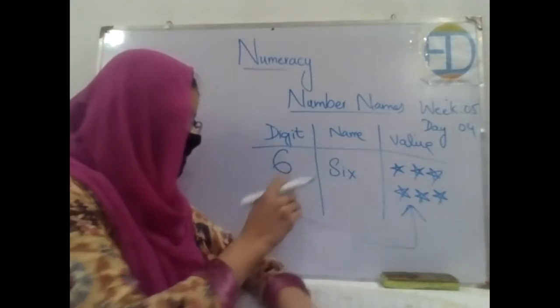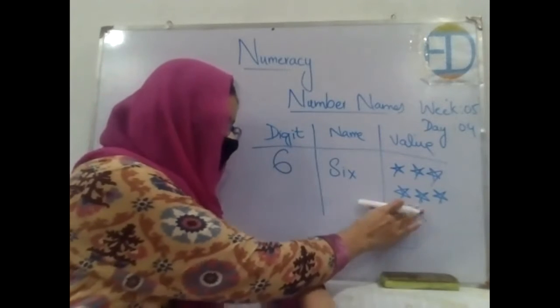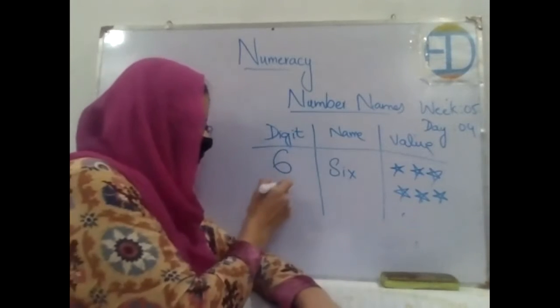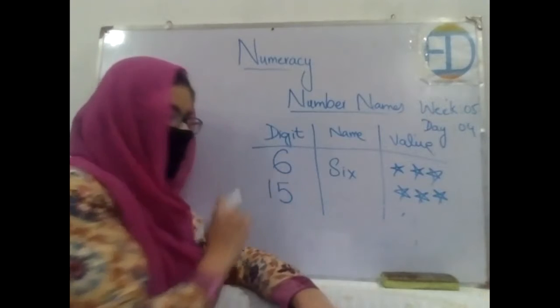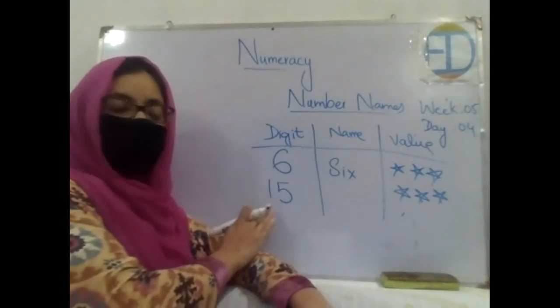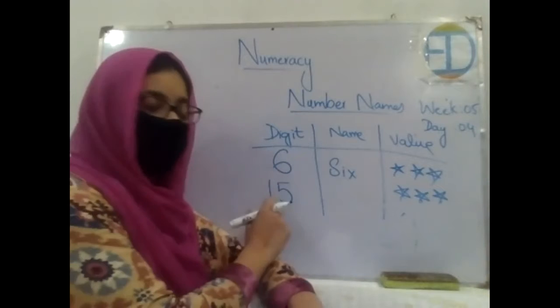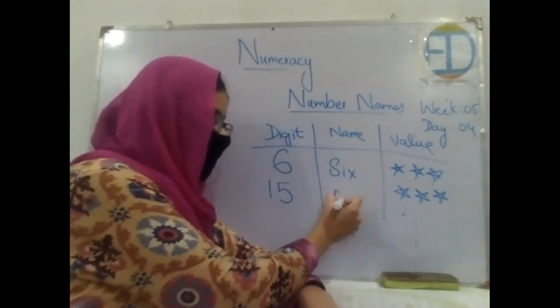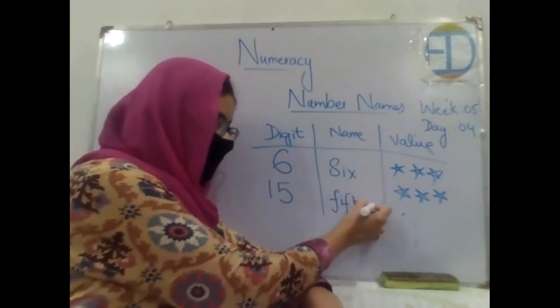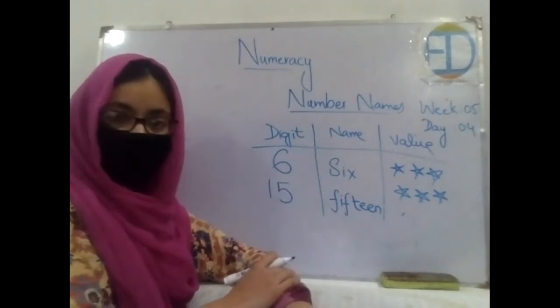Similarly, look at the next digit. Let's say we have this number. Now the digits are 1 and 5 together, and the name given to these digits is 15, right?